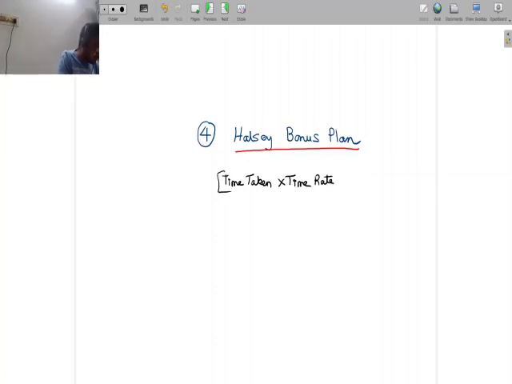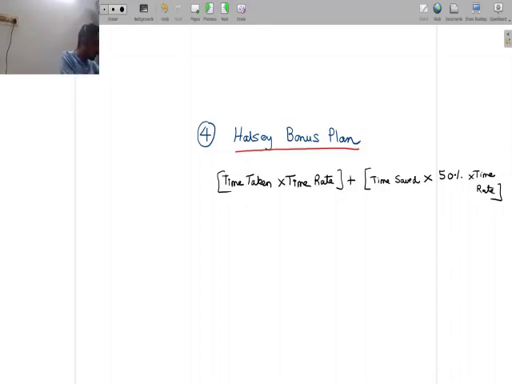This is the first component plus time saved into 50%, or I can put it the other way, time saved into 50% into time rate. This is the other bonus plan formula, Halsey's bonus plan formula.